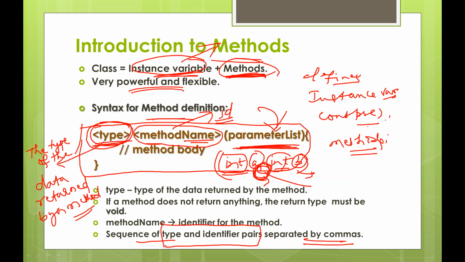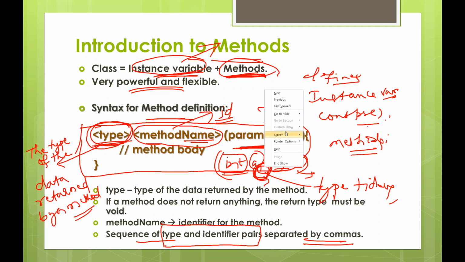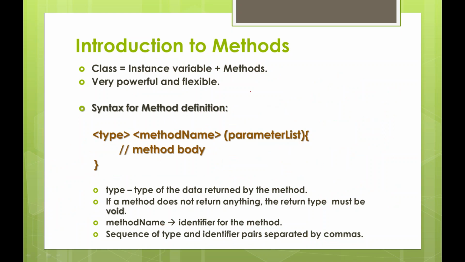So if you want, for example, to define something like void, the method name can be anything you give, say book method.